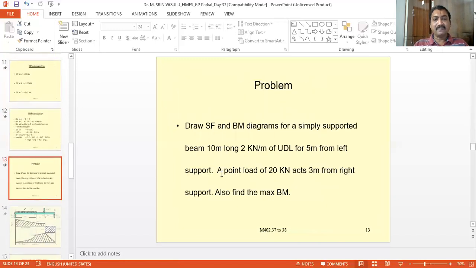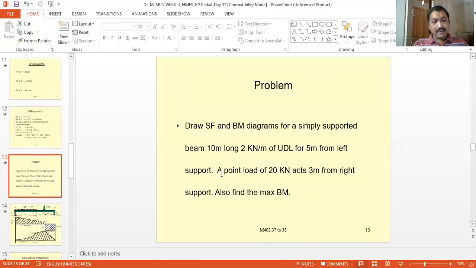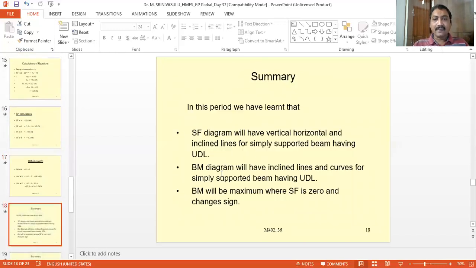The next problem we will continue in the next class. Coming to the summary, in this class we have learned about the shear force and bending moment diagrams for a simply supported beam with UDL.